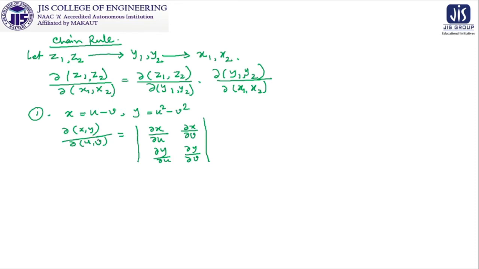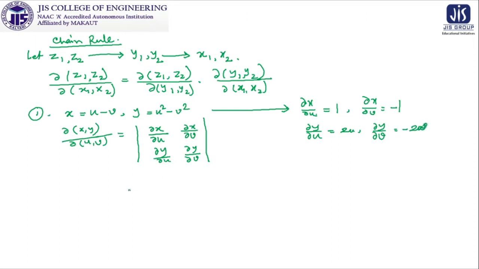From the given relations, del x del u will be equal to 1, del x del v will be equal to minus 1, del y del u is 2u and del y del v is equal to minus 2v.